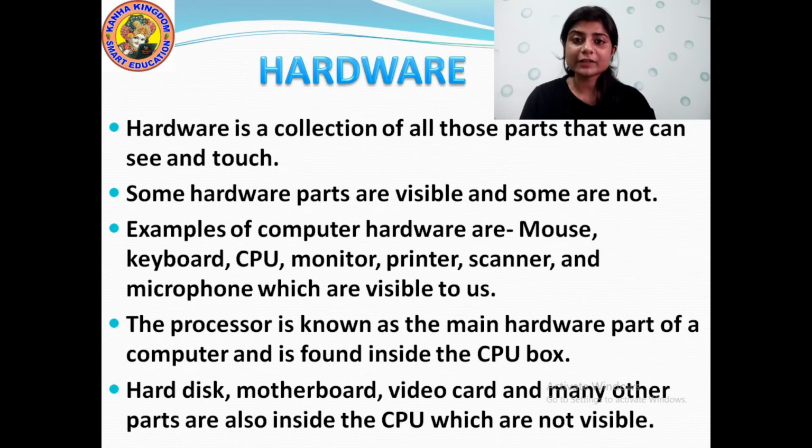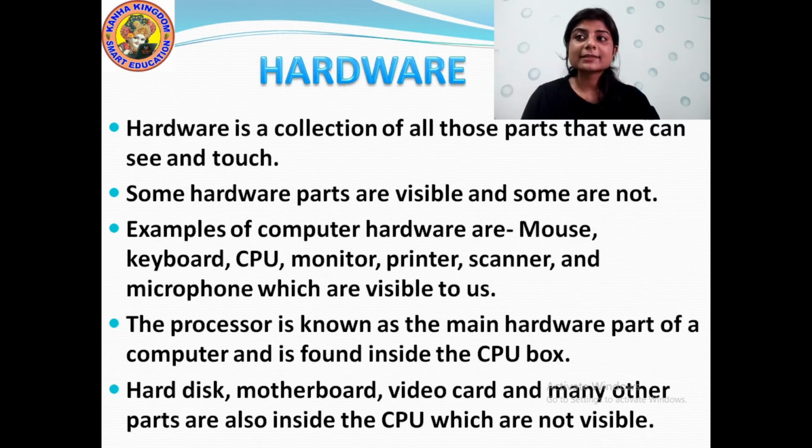All these things are visible to us or not? We can see mouse, we can touch them like keyboard, CPU, monitor, printer, scanner, microphone. These are the computer hardware which we can see also and we can touch also. Okay, the processor is known as the main hardware part of a computer and is found inside the CPU box.